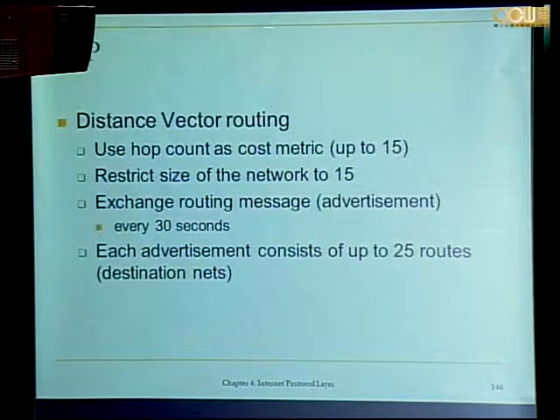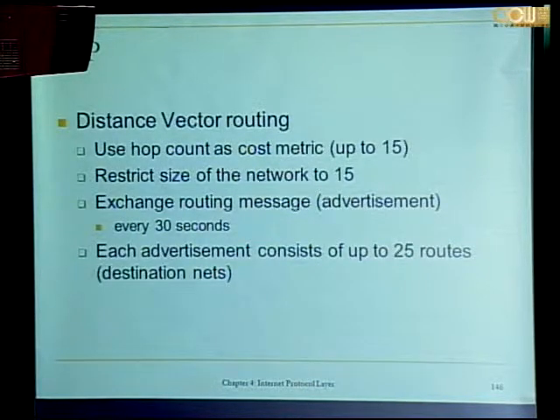It exchanges routing messages, which are the distance vectors, every 30 seconds. That's the default value. You can change that to exchange more often, but the default is 30 seconds. Each distance vector could advertise at most 25 routes.